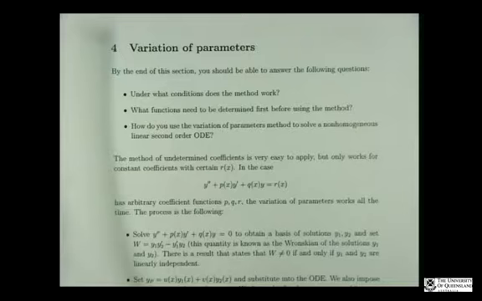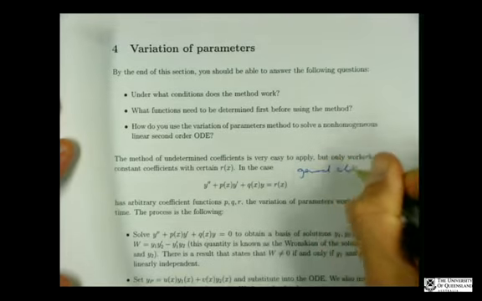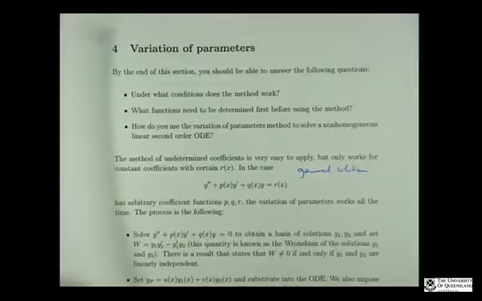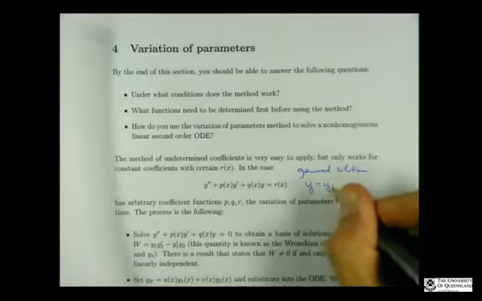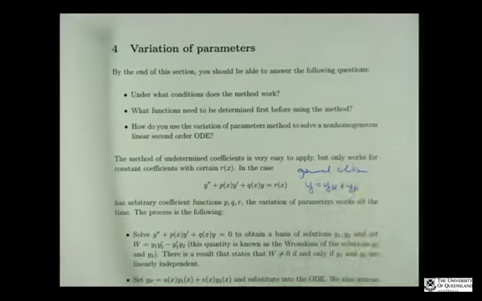And what's more, we know the general solution comprises two parts. One is this complementary function or homogeneous solution, which I've been referring to as YH, and the other is the particular solution.